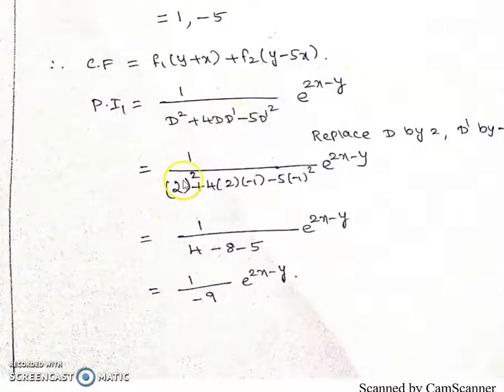So we get 2 whole square plus 4 into 2 into minus 1 minus 5 into minus 1 whole square. So it can be written as 4 minus 8 minus 5 into e power 2x minus y. So we get 1 by minus 9 into e power 2x minus y.